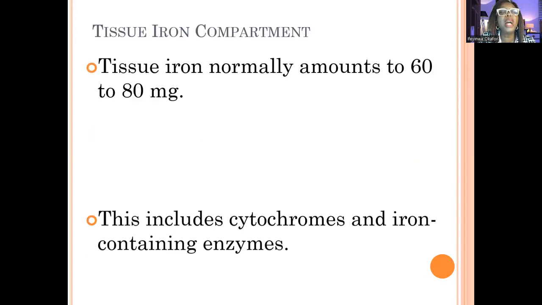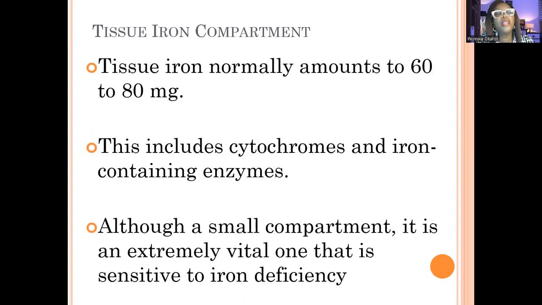Then we have tissue iron. The tissue iron normally contains between 60 to 80 milligrams of iron. This tissue iron includes the cytochromes and the iron-containing enzymes. Although it's a very small compartment, it is an extremely vital one that is sensitive to iron deficiency.